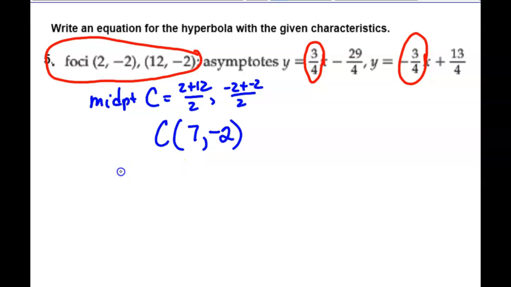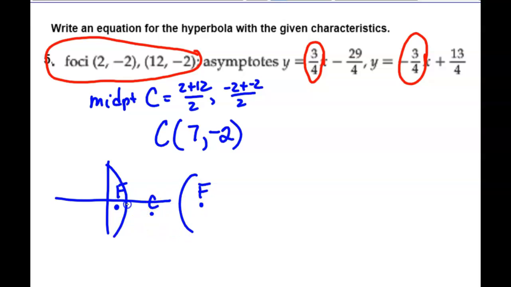Okay. So if I do a little sketch, I'm over 7 down 2, that's the center. Over 2 down 2 is a focus, and over 10 down 2 is a focus. So somewhere in here are our vertices, right? Because the foci are inside the little loops. Anybody lost? Okay.